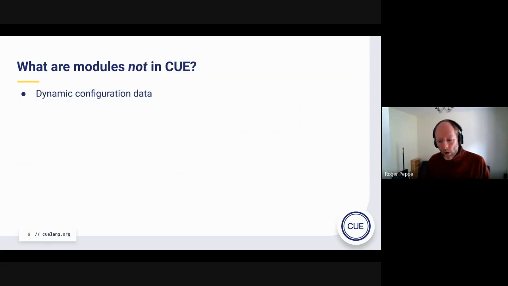What we're not trying to do with modules, although there are definitely places where this sort of thing is needed, is a way of getting your dynamic configuration data. So we want it so that if you say import some path, that's essentially static and well known, and not something that's computed at build time. So when you have a module, it's a reliable component.